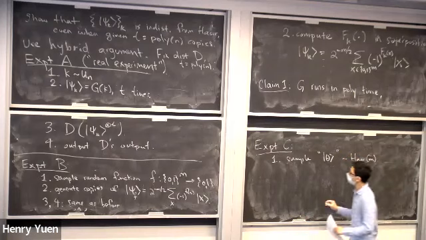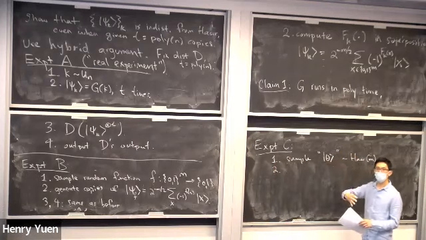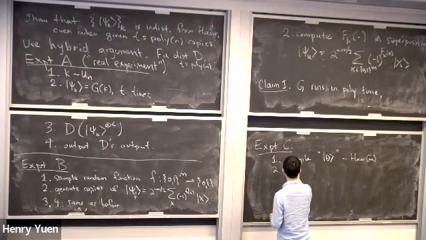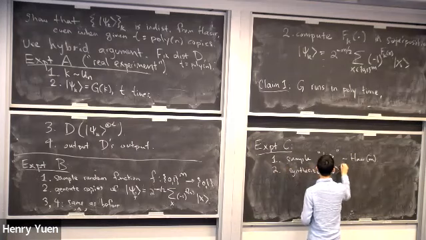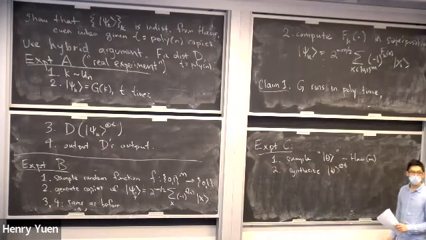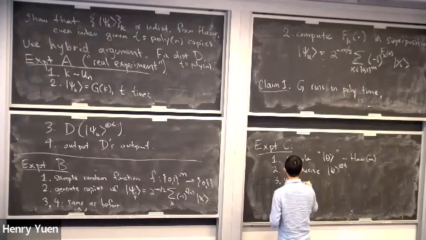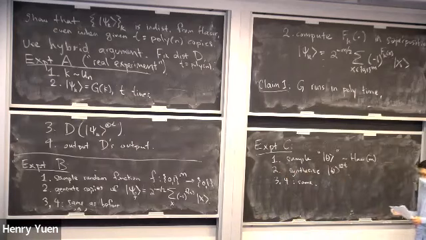That's okay. Now that we have this classical description, let's generate T quantum copies of it. So we're going to synthesize. And then steps 3 and 4 are the same. Take these T copies and put them into the distinguisher.